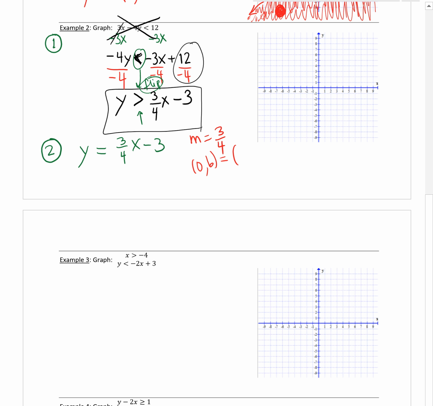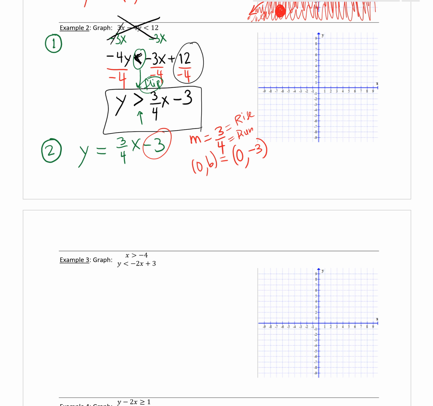So the slope is the number in front of x, 3/4. That means I'll rise 3 from the y-intercept and run 4. And then our y-intercept is (0, b), and the value of b is not only this 3, but you need the negative as well. So make sure whatever sign is in front of b, you keep that sign as part of your y-intercept. Alright, I think we're ready now.